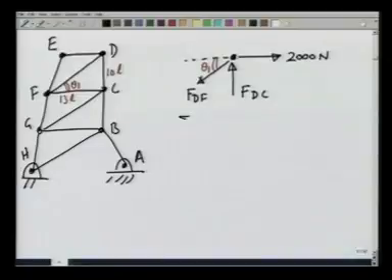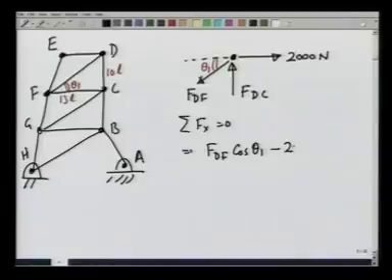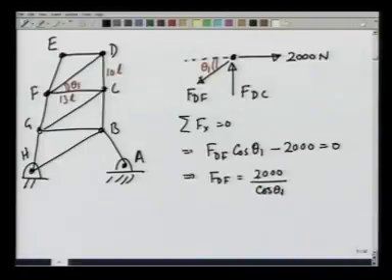By summation Fx equals 0, I get F_DF cosine of theta 1 minus 2000 equals 0, and that gives me F_DF equals 2000 over cosine of theta 1.